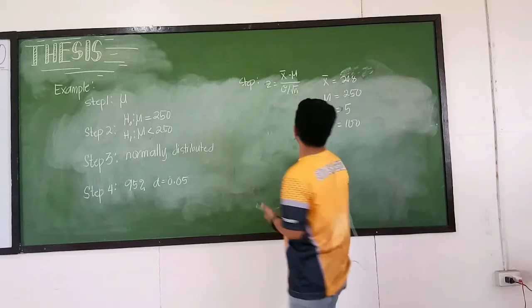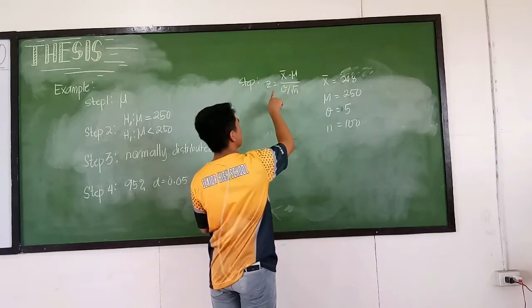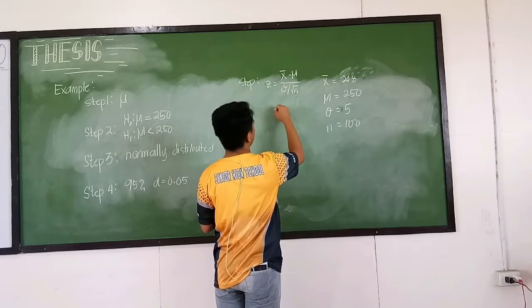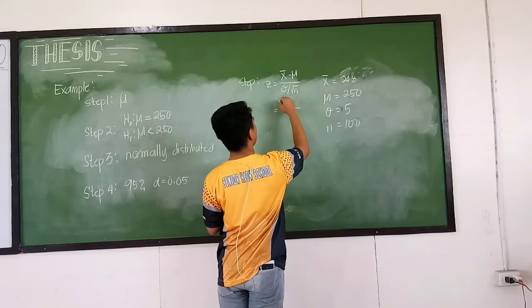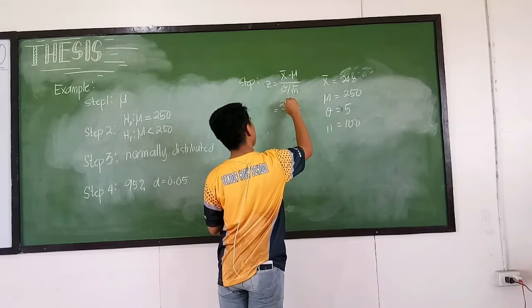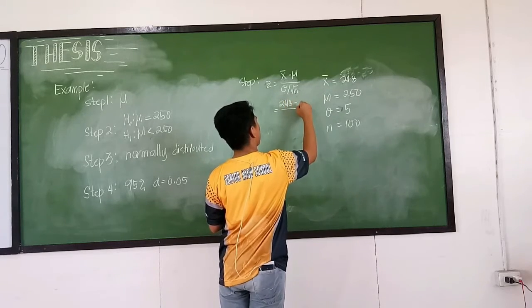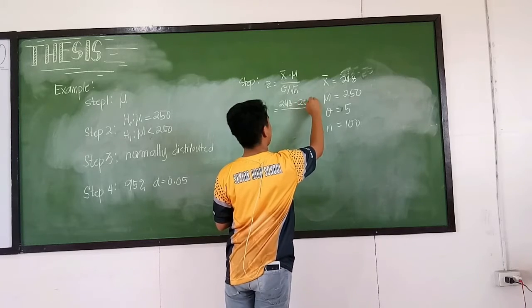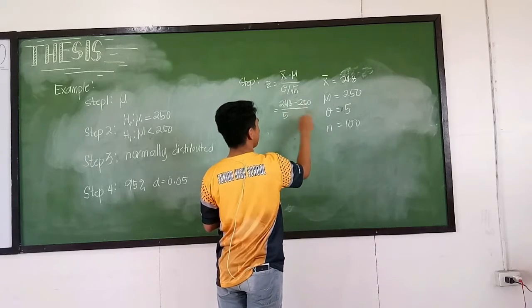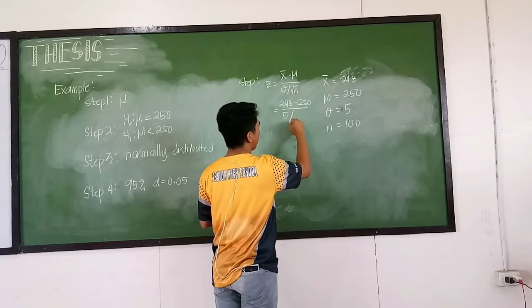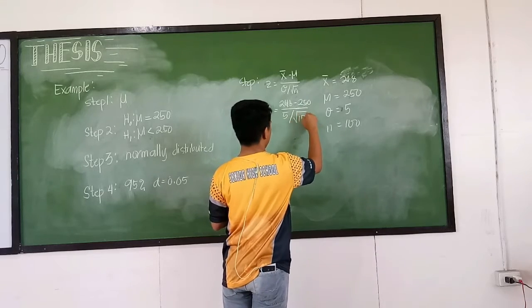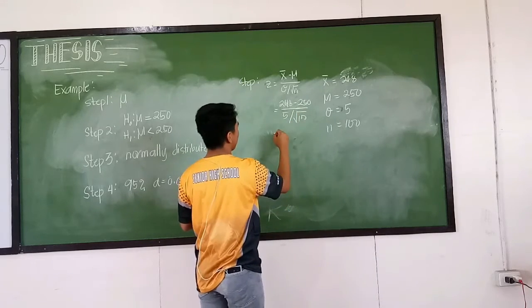So we're going to substitute all of these variables into the given formula. z is equal to 248 minus 250 over 5, which is the standard deviation, over the square root of 100. We're going to solve that.